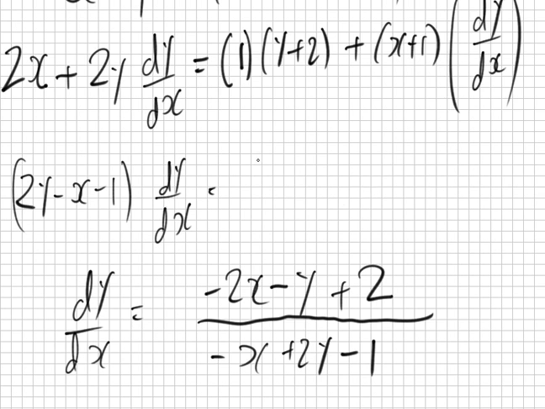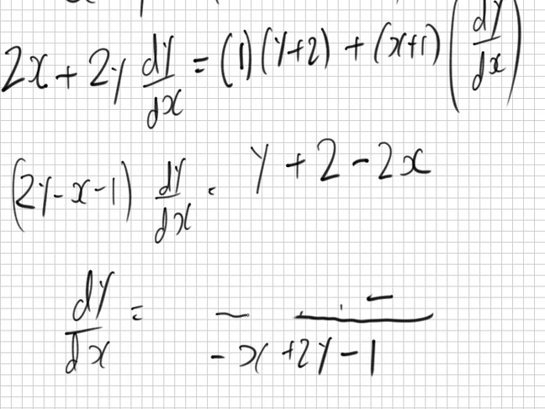So on the right here I should have y plus 2 minus 2x. And then on the left I should have 2y minus x minus 1. So up the top here it should have read as minus 2x plus y plus 2.